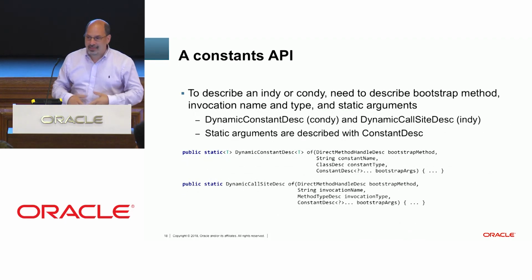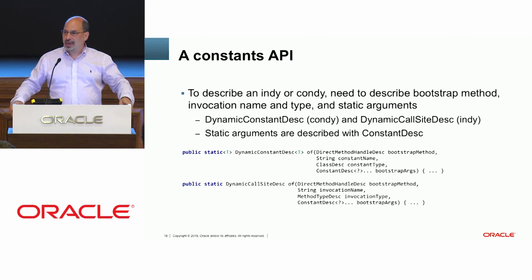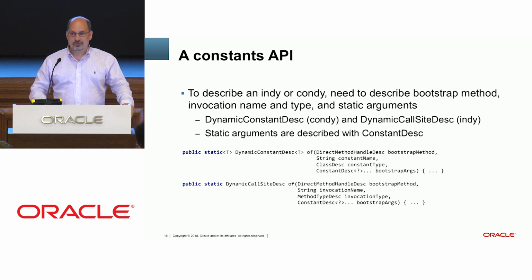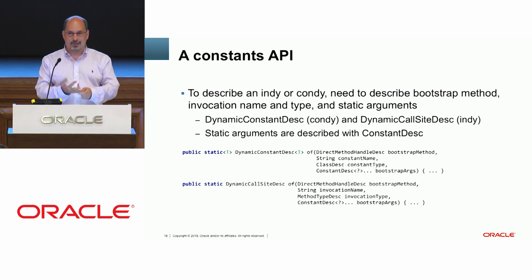So, and then at the top of the stack here, we have some nominal descriptors for dynamic constants and for indys. And these are, again, very simple wrappers, right? So what do you need to describe an indy? You need a MethodHandleDesc for the bootstrap. You need a name and a type. The name is a string. The type is a method type. And what are the arguments?